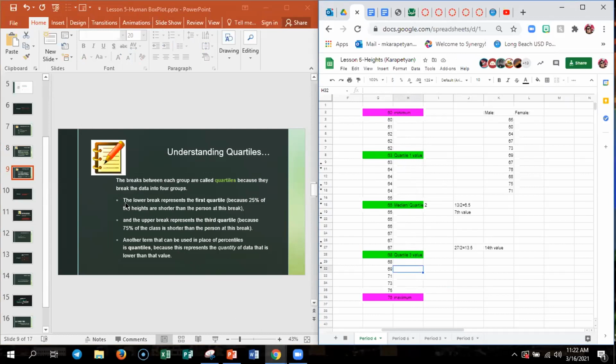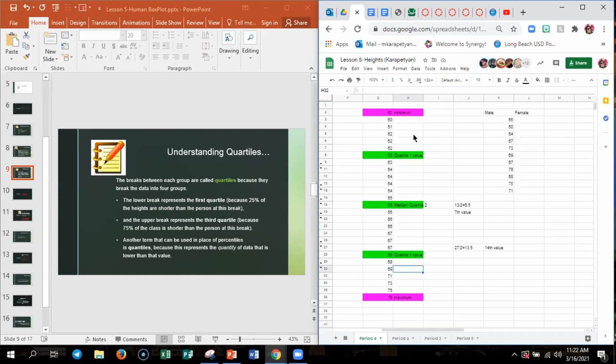The lower break represents that first quartile. When it says lower break, it's talking about the low values of data. So this right here is our first quartile, because 25% of our data, 25% of the heights, are shorter than this value right here.